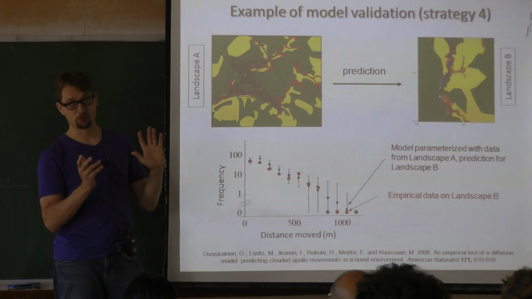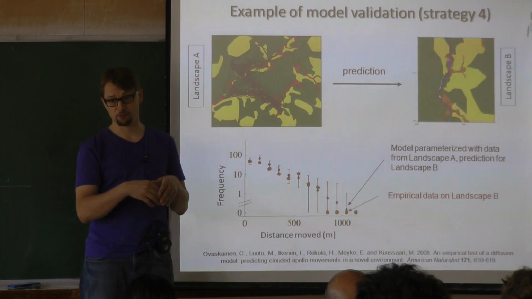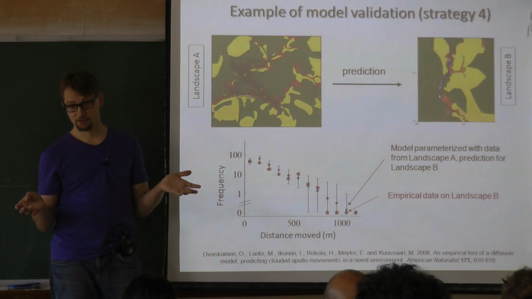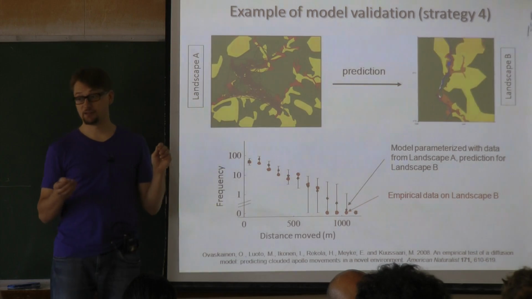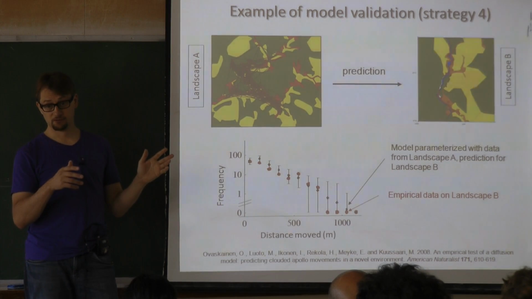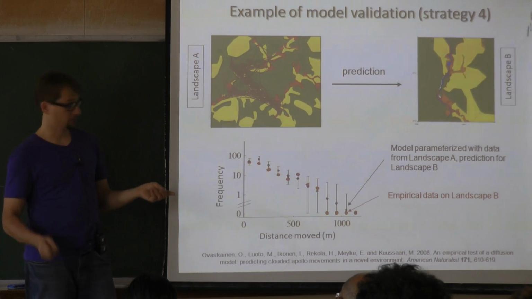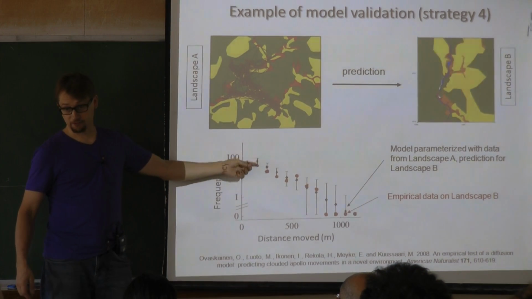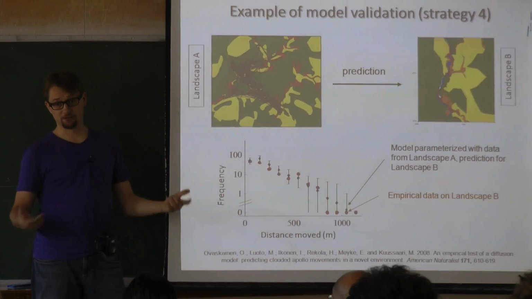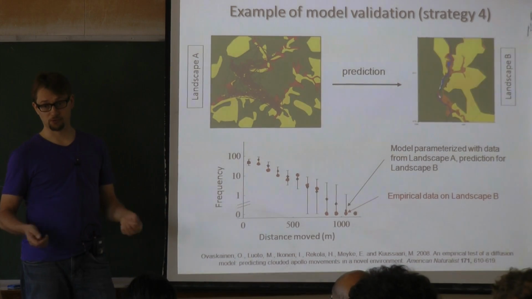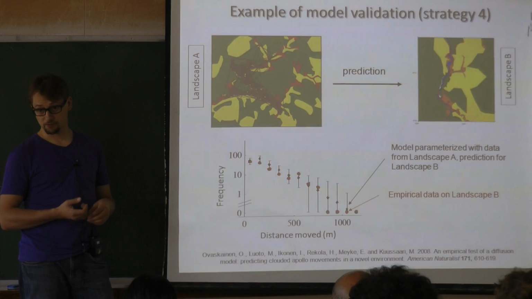So you don't just want to compare to one of these answers, you want to compare to all of these answers. That's why, for example, in this case I did 1000 predictions. So I get 1000 different answers which I can compare to. That's why we have these confidence intervals here. They show the range of model predictions, and that's what you want to compare the data to.